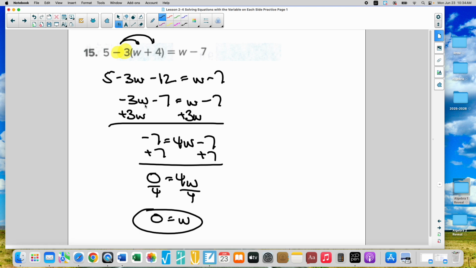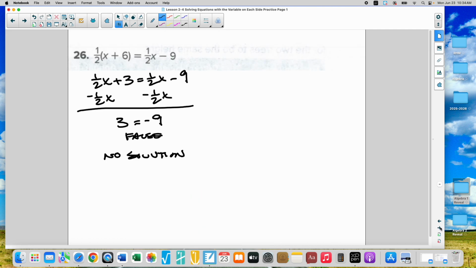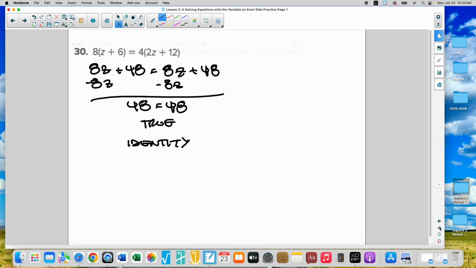And this is the only number that plugs in to make the left side equal to the right side. No other number. There's only one solution here. There are no solutions to this problem. And there are an infinite number of solutions to this. Identity doesn't really tell us that it's an infinite number, but we know because that's exactly what it is.